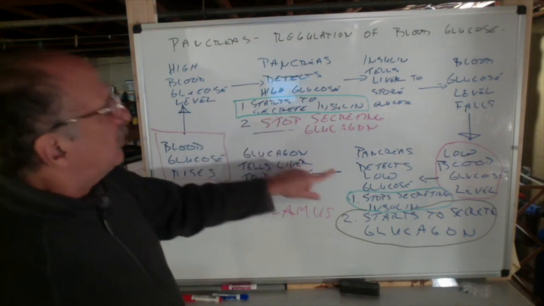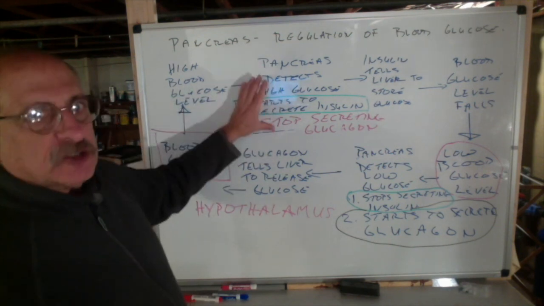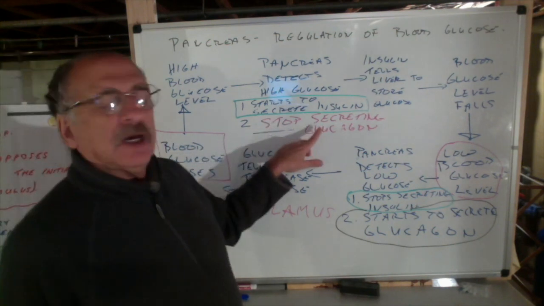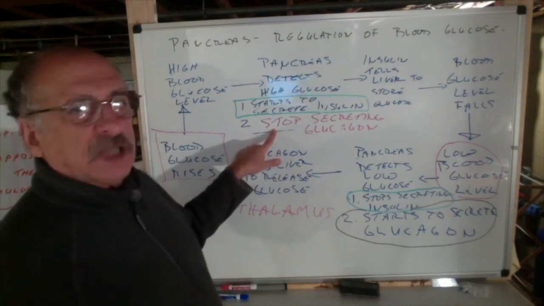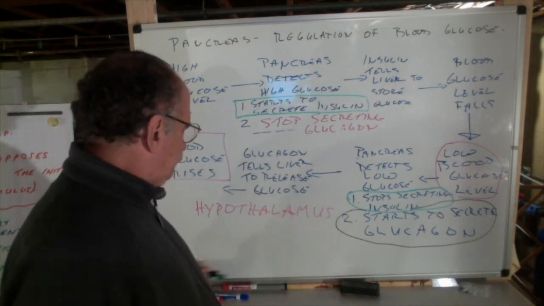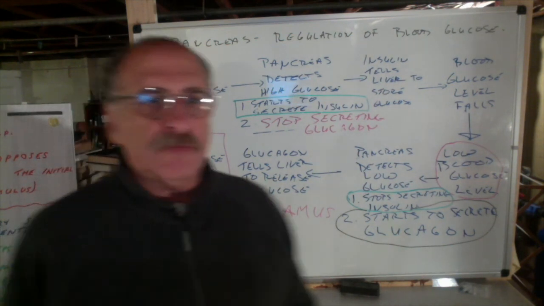So there are 1, 2, 3, 4 responses. This is the first response where we're actually saying something specific about the secretion of glucagon. Here we started, here we stopped. Stopping opposes starting. And that's what makes it a negative feedback loop.